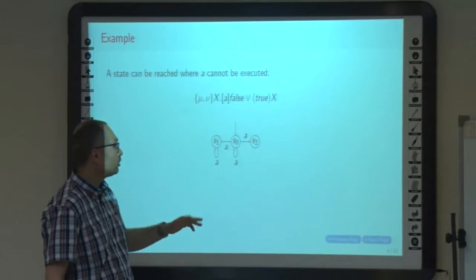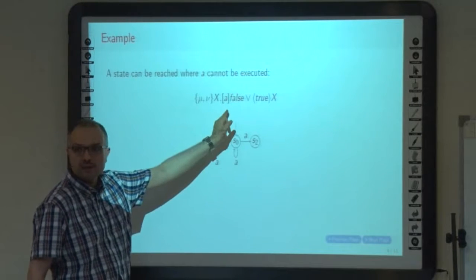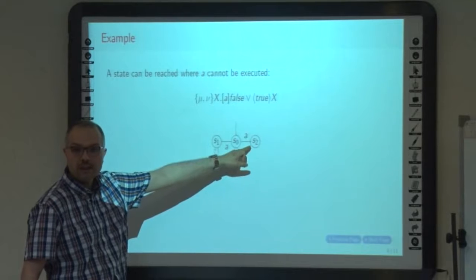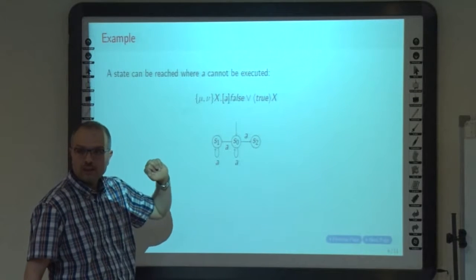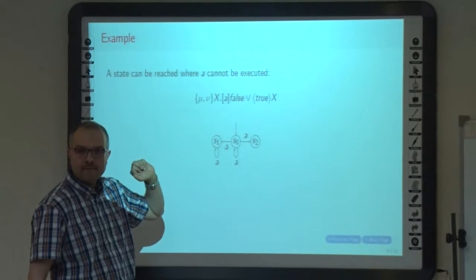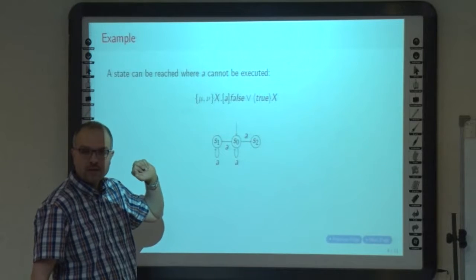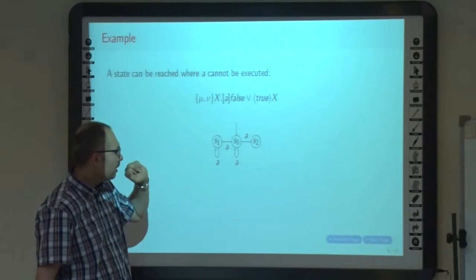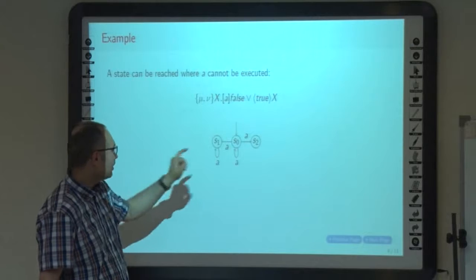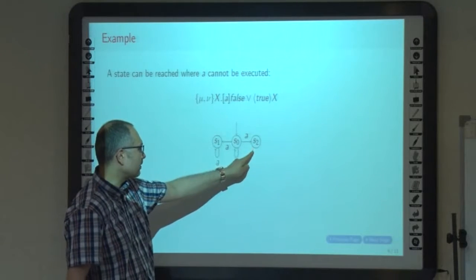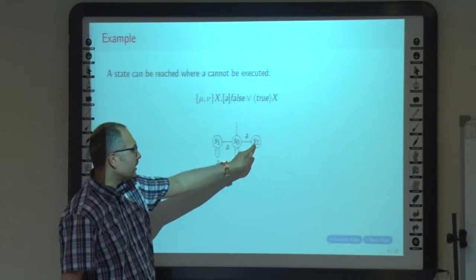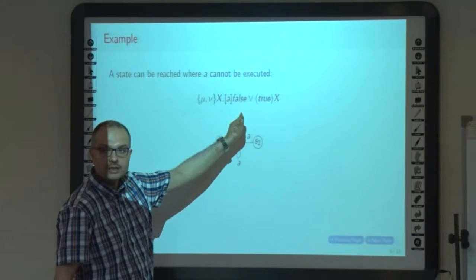S2 satisfies this formula, because it immediately satisfies the first disjunct. It cannot do an A immediately. Which other state? Not S1. Okay, S0 and S2 are satisfied, because from S0 I can take an A transition and then I end up in a state in which this is satisfied.